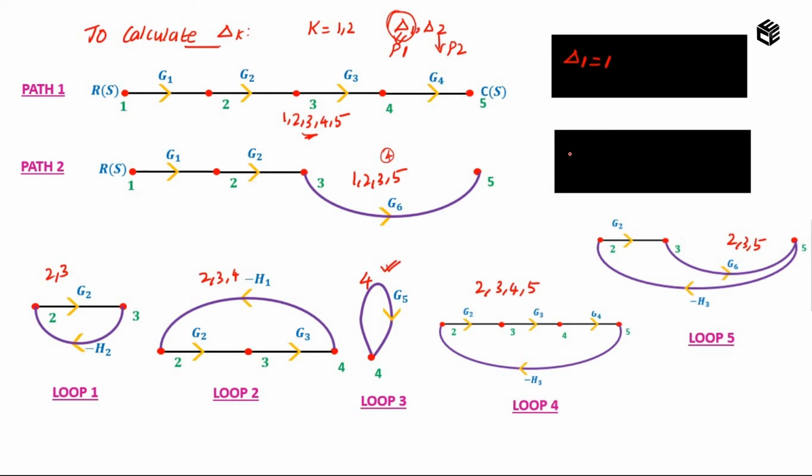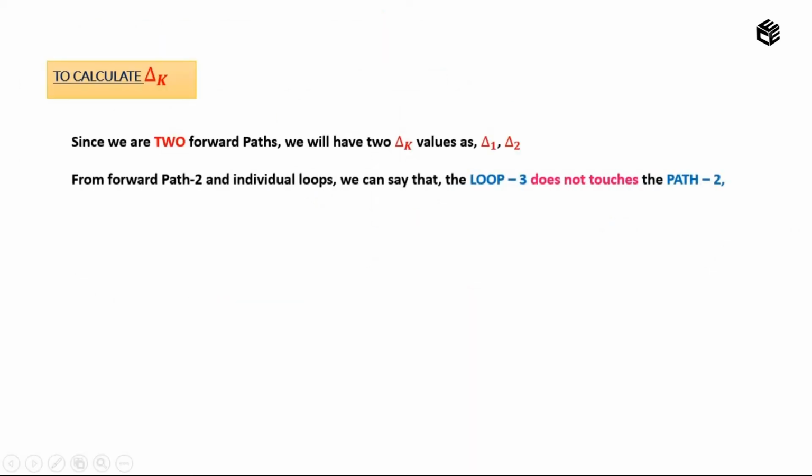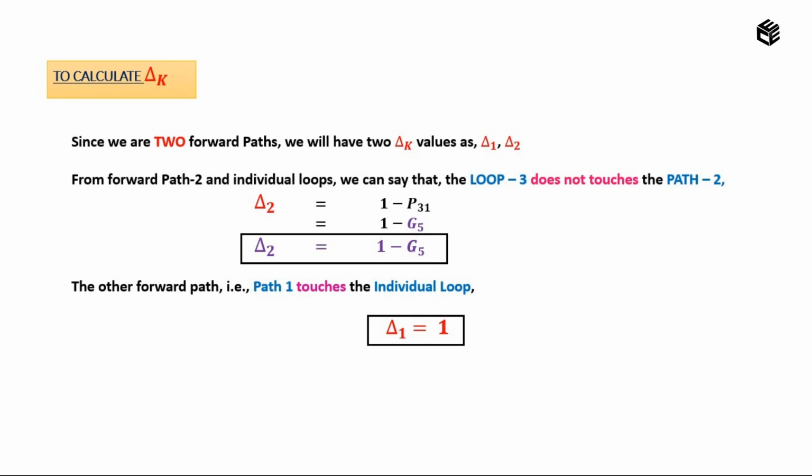So we can write del 2 is equal to 1 minus the gain of loop 3, that is P31. So this is equal to 1 minus G5. All the expressions we have obtained from the previous slide, I am concluding that the del 2 value is 1 minus G5 and the value of del 1 is 1.